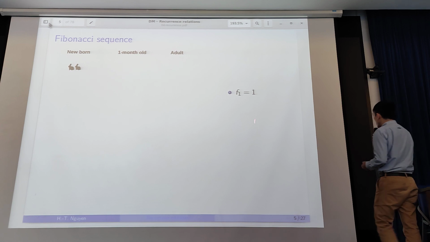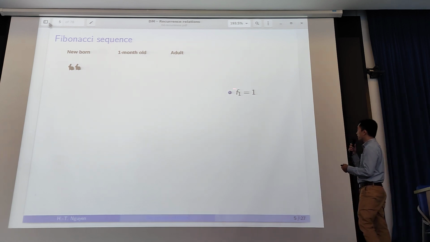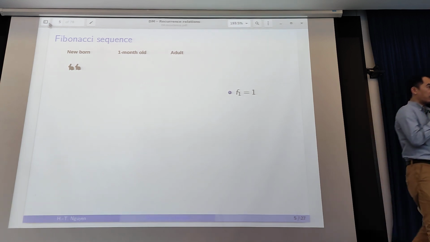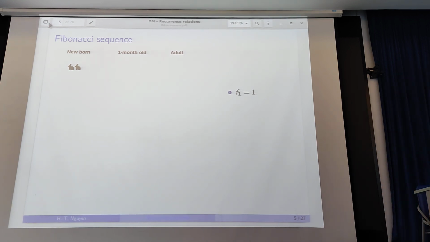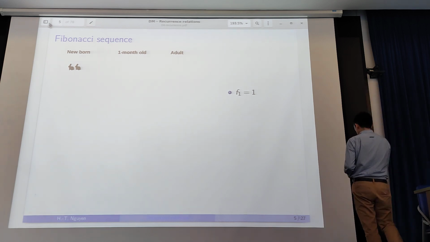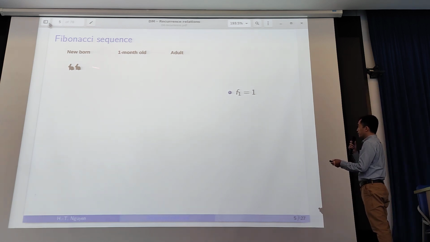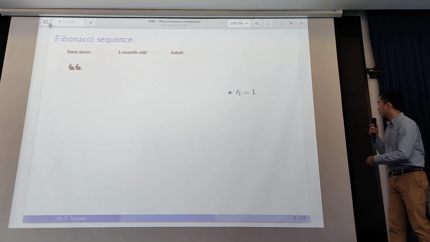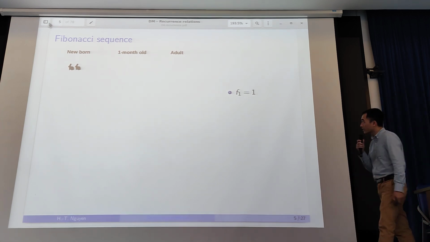We denote by Fn the number of pairs of rabbits on the island at month n. F for Fibonacci. So first we have only 1 pair of rabbits, so F1 is equal to 1.